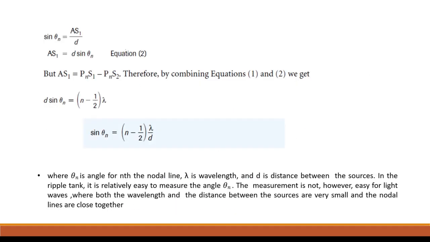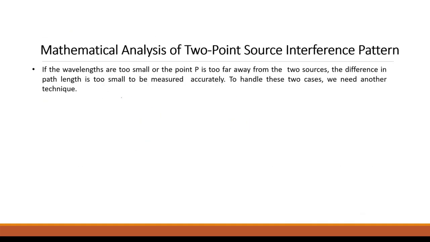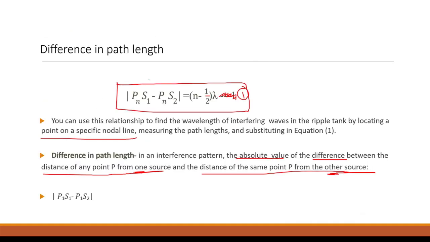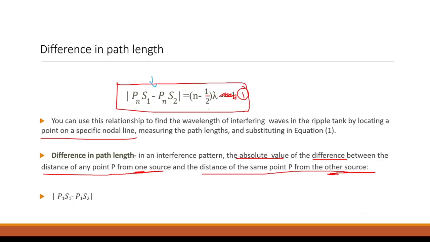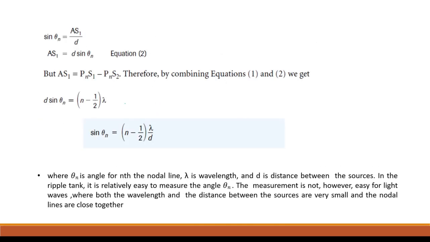And so by combining equations 1 and 2 from before, we sub in our n minus half, because that's equal to PnS1.